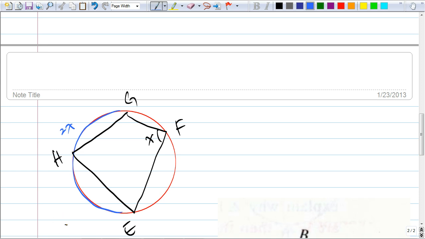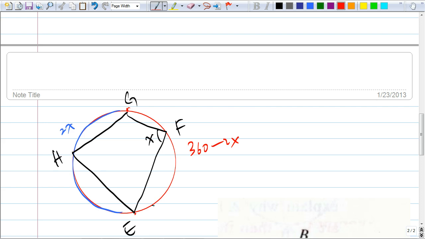Now, if that's true, what can you tell me about the measurement of the other arc, GFE, the one in red? Is it 180 minus 2x or 360 minus 2x? This will be 360 minus 2x. Because the other side is 2x, it's got to be 360 minus 2x.